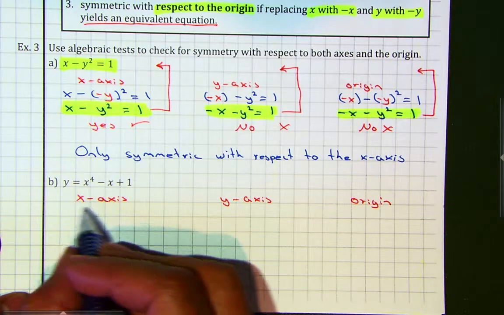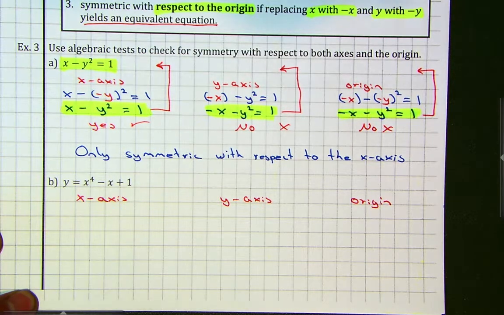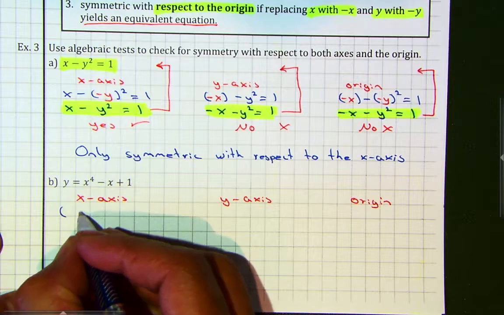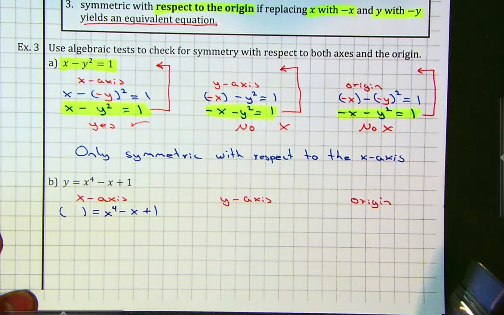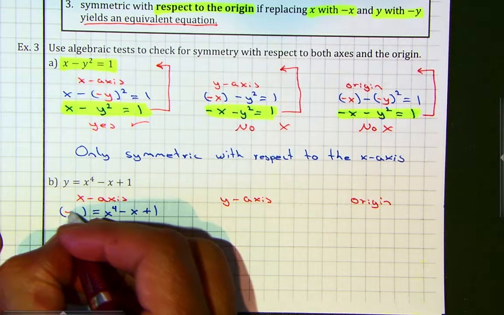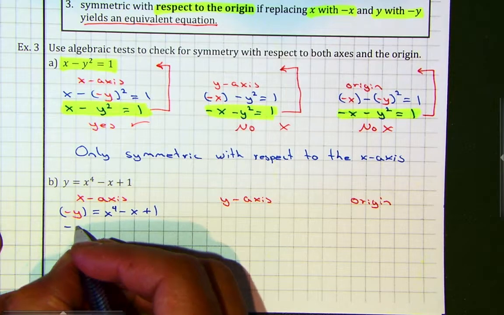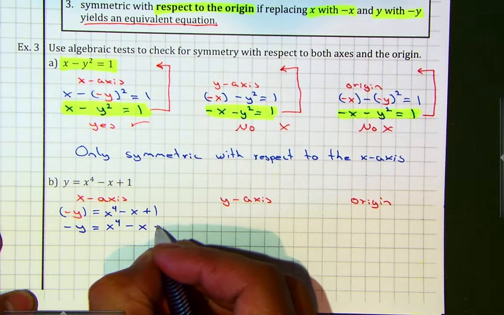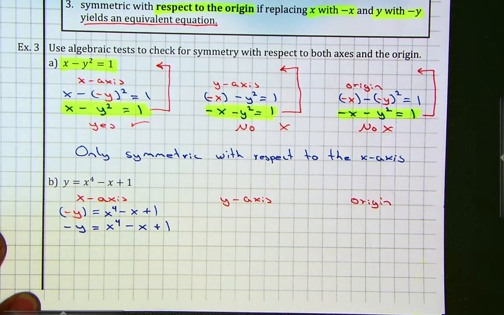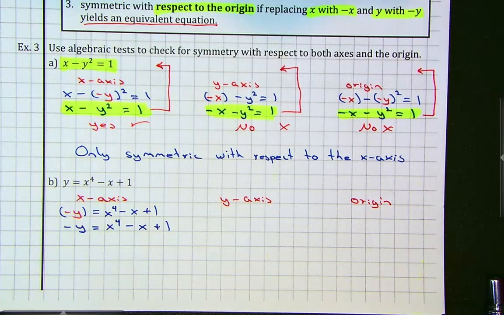To check to see if it's symmetric with respect to the x-axis, I'm going to replace the y with a negative y. So I have negative y equals x to the fourth minus x plus 1. Now I have to be careful, because I want to see if it's equivalent to the original equation.